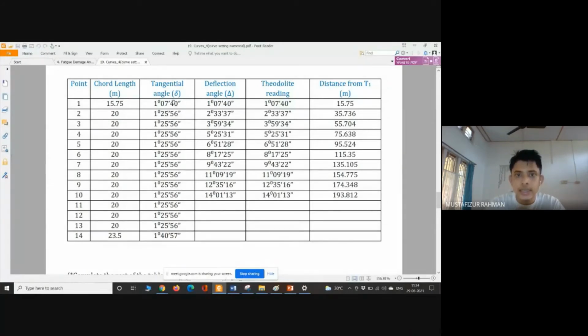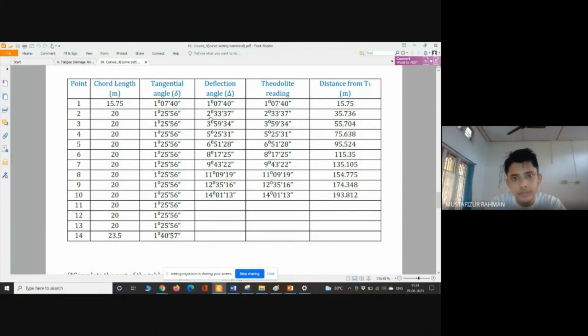The tangential angles we have already calculated, also called deflection angles. This is the total deflection angle from T1 point. So here what we are doing, we are adding up. The first one is this value only, 1 degree 07 minute 40 seconds. The next one we will add: 1 degree 07 minute 40 seconds plus this 1 degree 25 minute 56 seconds.